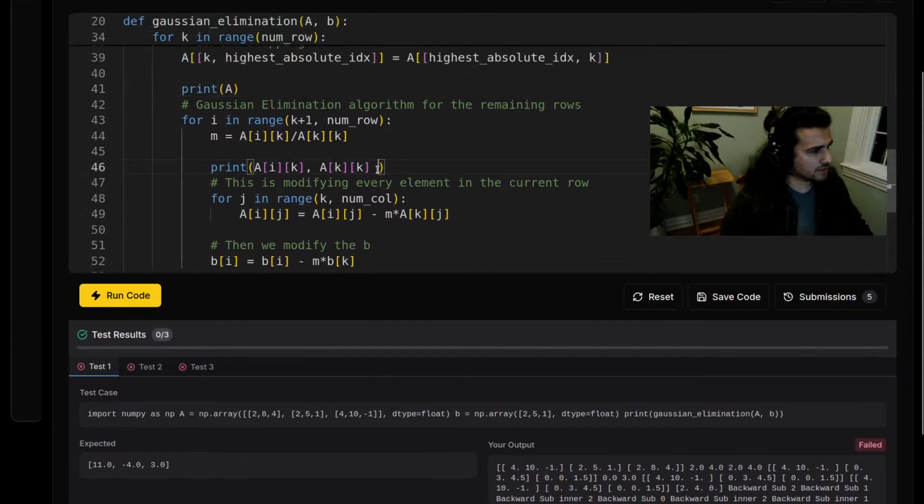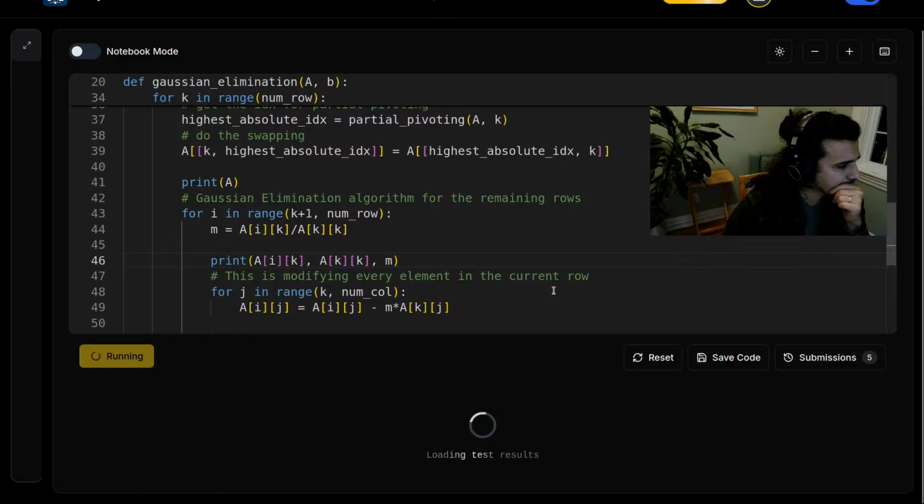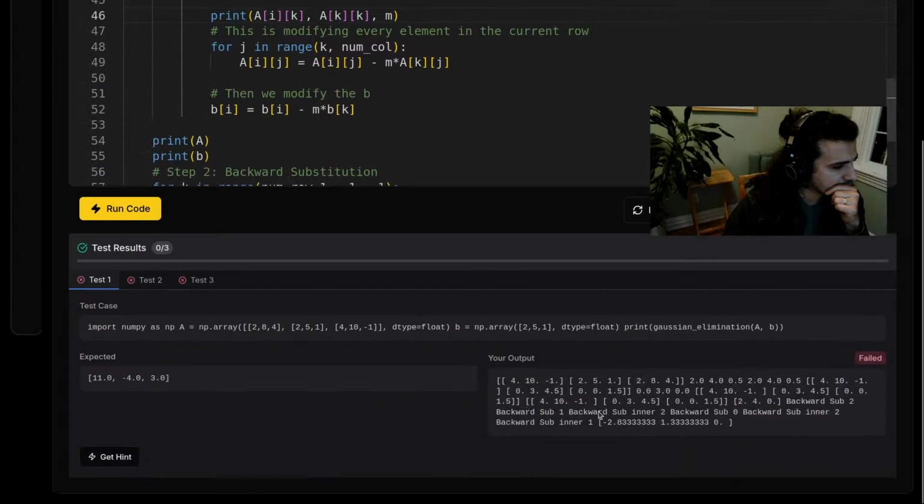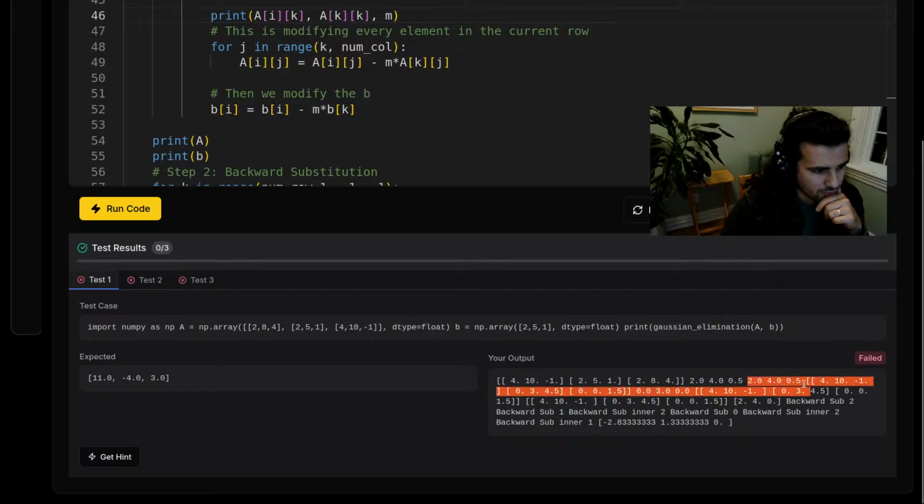Okay, so what? And then I'll print that. So we have 2, 4, 0.5. And then we have 2, 4, 0.5 again, because it's both 2's.